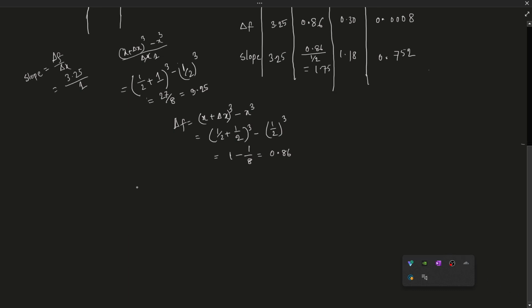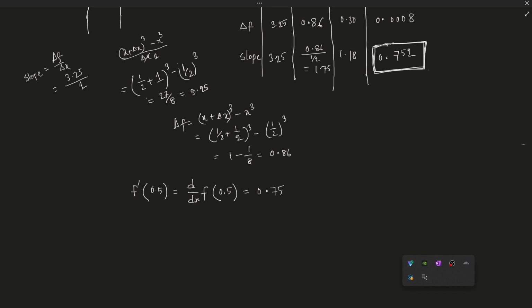So this will be f prime of 0.5, basically half. It will be d by dx of f of x, which at 0.5 is about 0.75, like we have calculated an approximate average value.